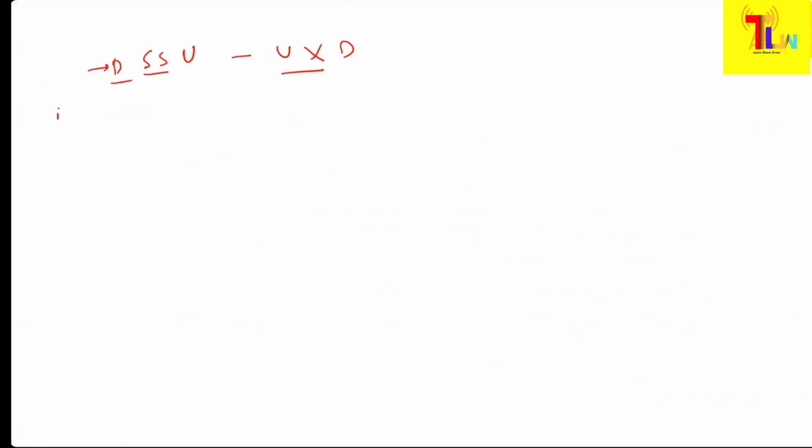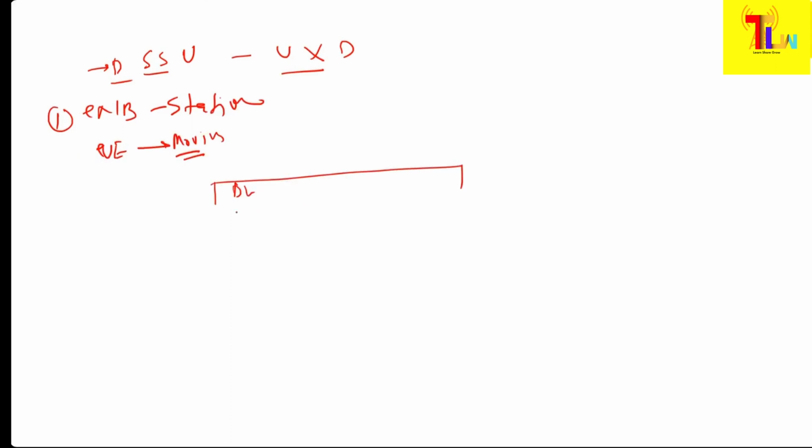First of all, the eNodeB is stationary and the UE is moving. I'm taking the DL example.